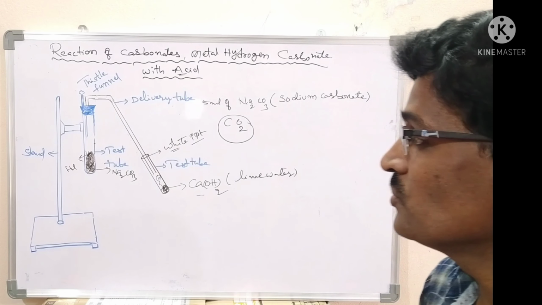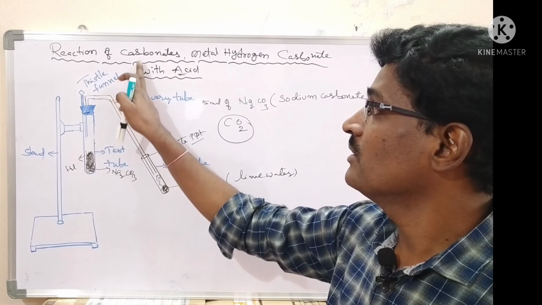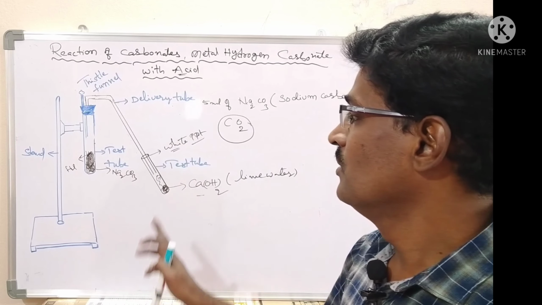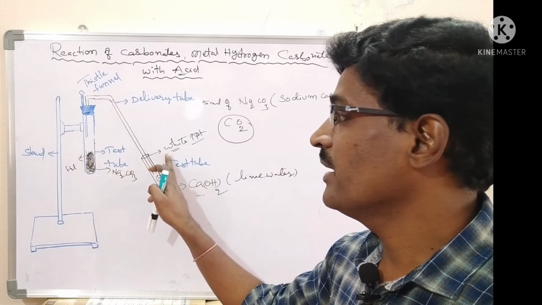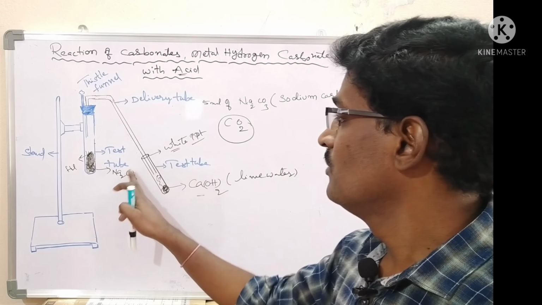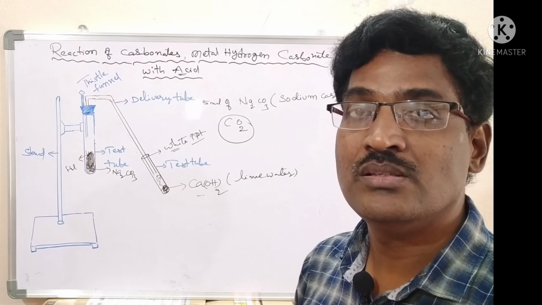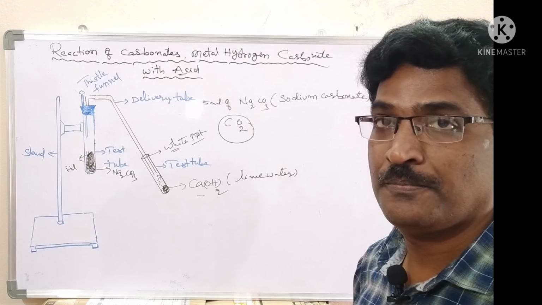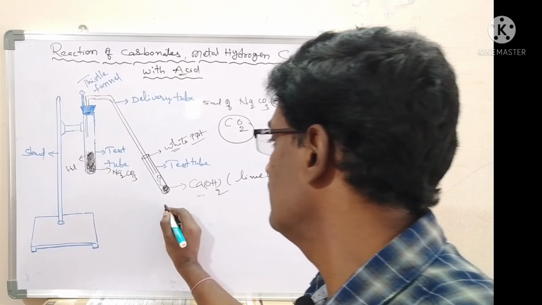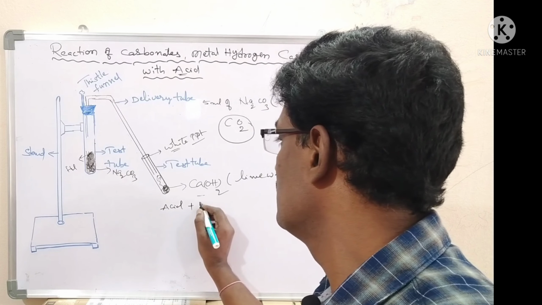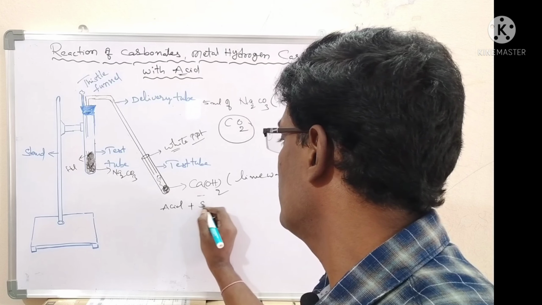By this, what you have to say is: when carbonates react with acid, what do they give? Carbon dioxide, and also water and salt. We will write the equation. First, what we have taken: acid. What you added to this: sodium carbonate.